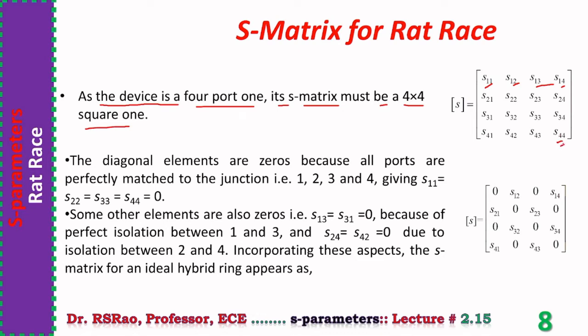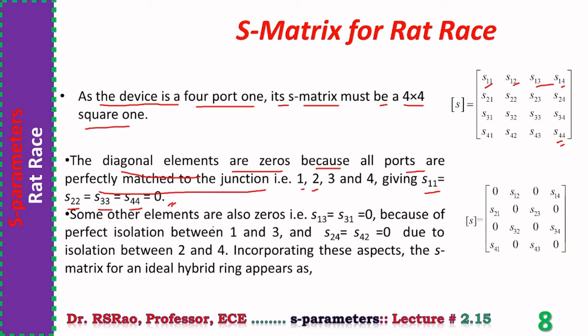Now, somehow we have to fix values to these parameters, 16 in number. The diagonal elements are zeros because all ports are perfectly matched to the junction. That is, port 1 is matched to the junction, port 2 is matched to the junction. Similarly, 3 and 4 also. Hence, S11 is equal to S22 equal to S33 equal to S44 equal to 0.